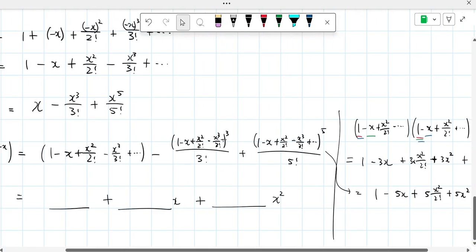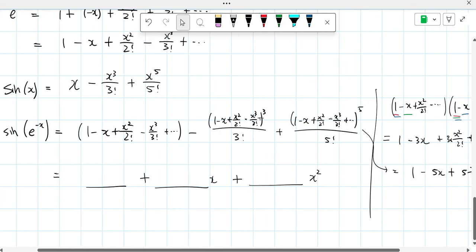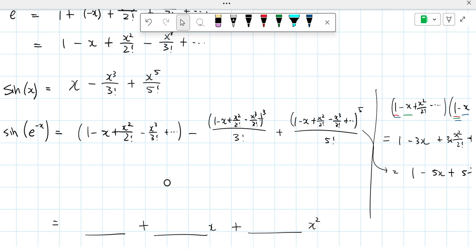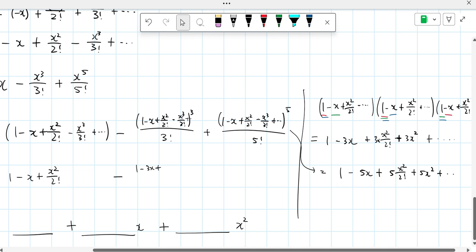So now I think we can replace it. Which is equal to 1 minus x plus x squared over 2 factorial. I'm just going to stop here because I don't need to find the cubics. Minus 1 minus 3x plus 3x squared over 2 factorial. It's actually computed from here. 3 over 2 factorial is 3 over 2. 3 over 2 plus 3, 6 over 2. 9 over 2.